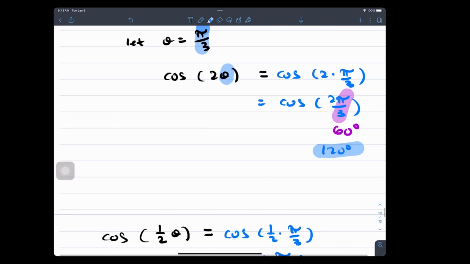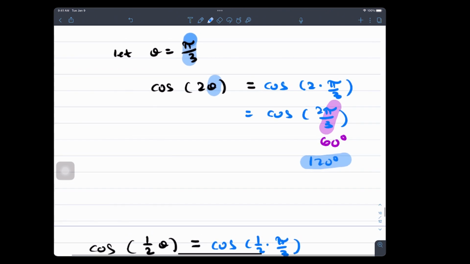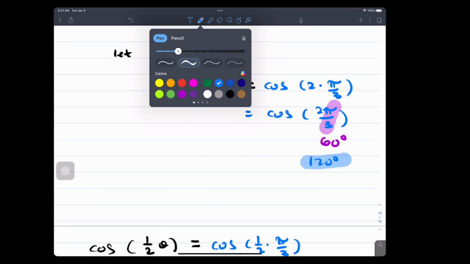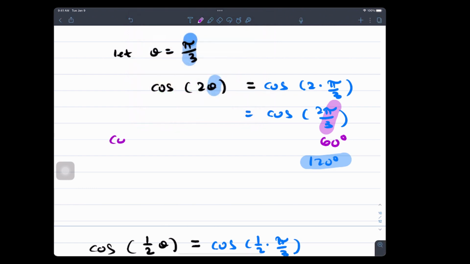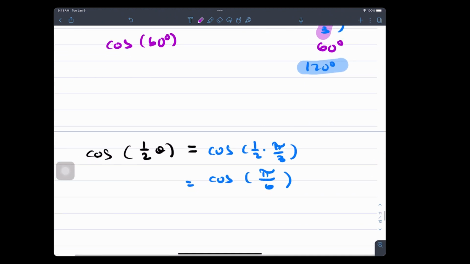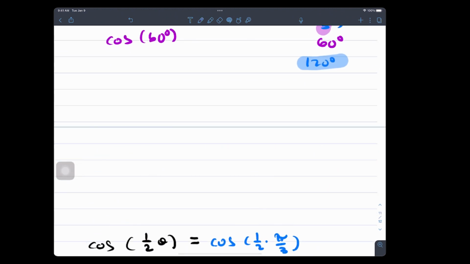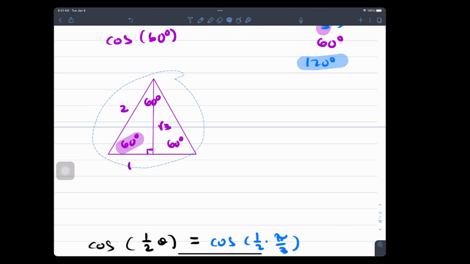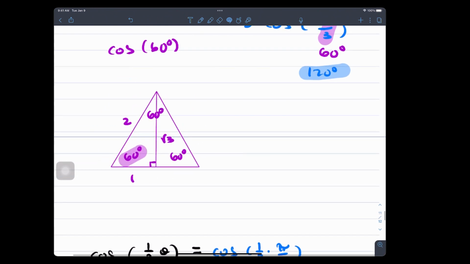So in this example, since this is cosine, you guys want to tell me what cosine 60 degrees is? What's that going to be? We have the triangle still there. It's the definition of cosine.